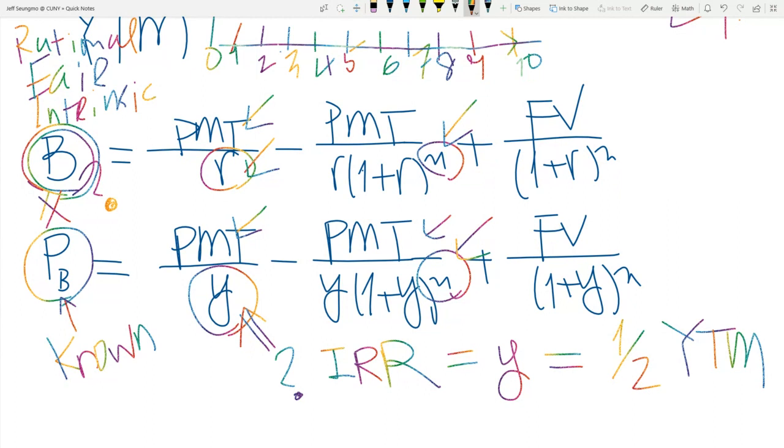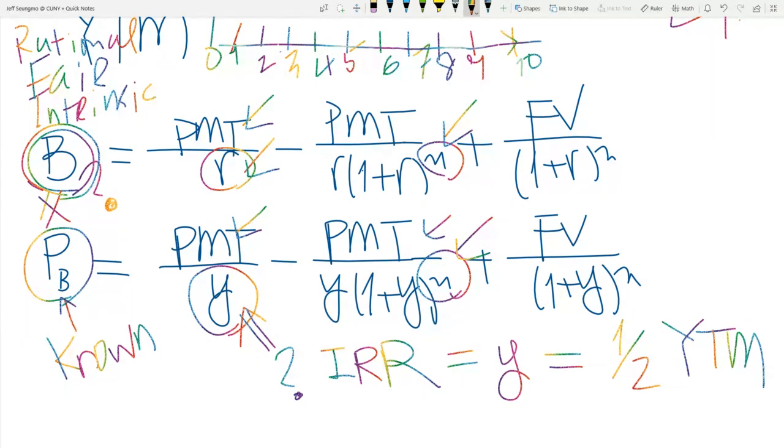If we don't know the bond price, but the other variables are known, we can solve for the bond price. But in this case, the bond price is known because that's the market price. And this N is basically maturity, right? If the maturity is 10 years, then N is 20, right?